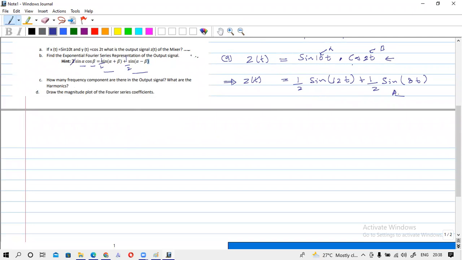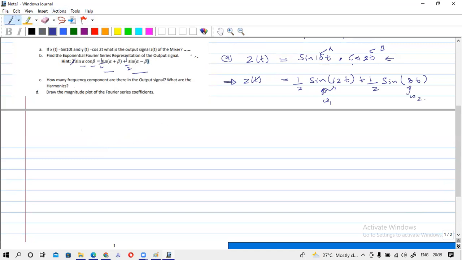That is the first step. Let's say this one is signal 1 with omega 1, and this 8 will be omega 2.